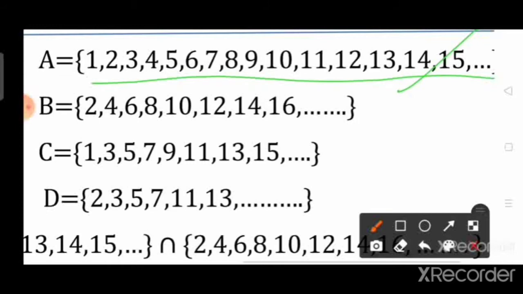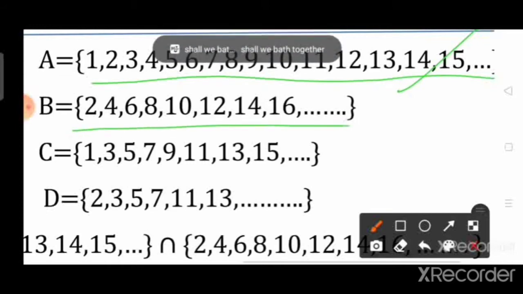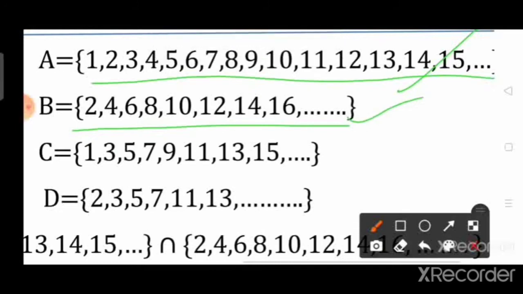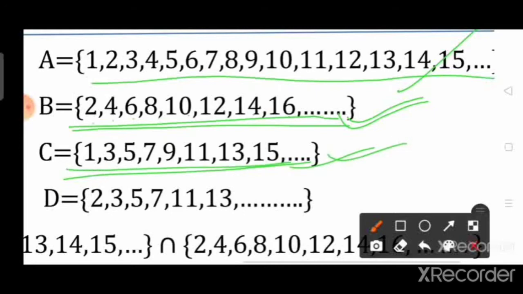The second set B is all the even natural numbers: 2, 4, 6, 8, 10, 12, 14, 16. All of these are divisible by 2, so they can be called even numbers. And then odd natural numbers: 1, 3, 5, 7, 11, 13, 15, like this. These all are odd natural numbers.